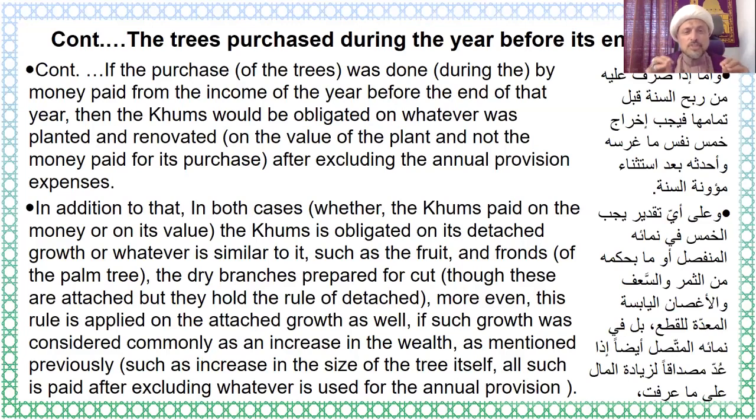Okay, this is how you apply. So the khums is on the market value of it at the end of the year. So if it rises like the eggs, you pay the khums 25% of the raised value. If it goes below value. If it's same value, same value. If it doesn't have any value, like I remember when I was a kid in Pakistan, they used to sell imported perfumes, which had a great value.